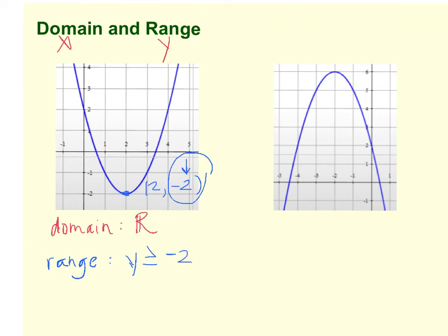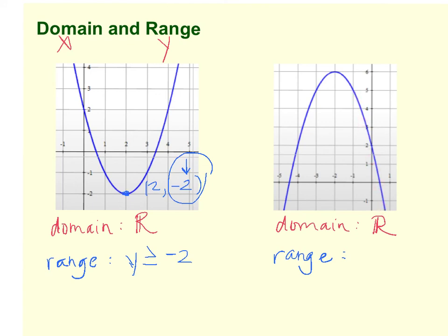Alright, this next example over here, domain and range, again, because the graph will hit every single x value, your domain will be all real numbers. And then it's the range that will be different depending on the graph. So we want to look at what's happening with the y's. Well, we get way up here with the y's. We get all the way up to a 6, and then the entire graph is less than the 6.